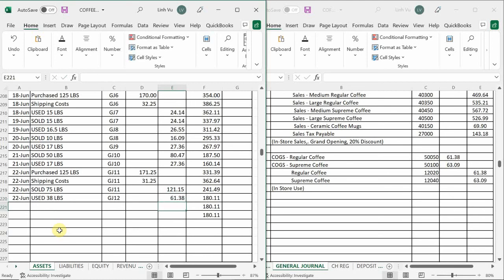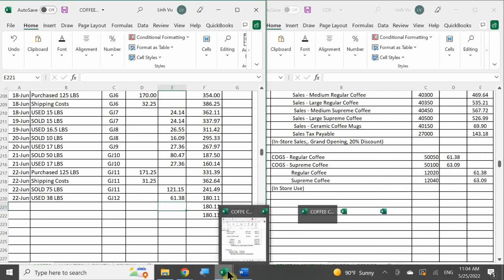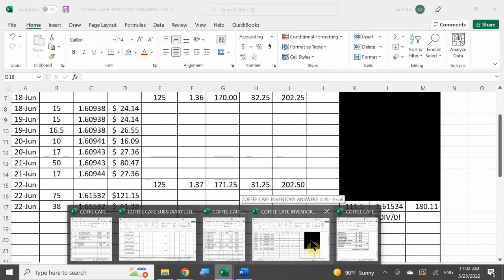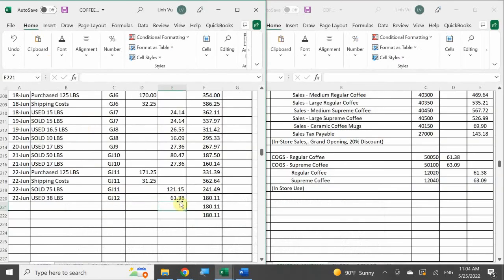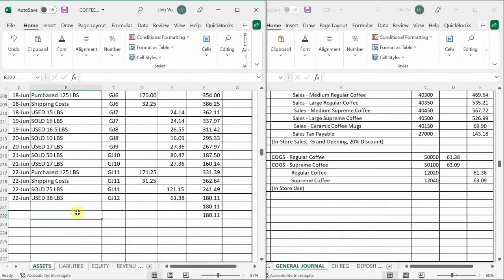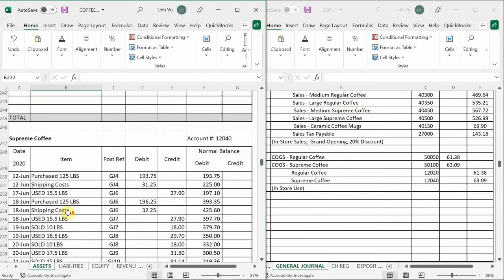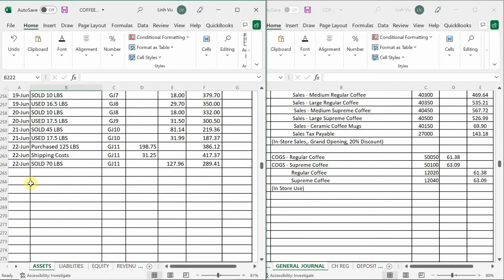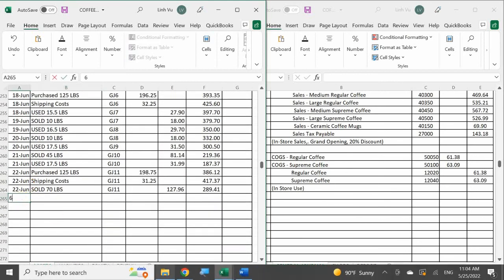So that should leave me with $180.11. Is that correct? That is what I have in my inventory worksheet. Yes, $180.11. It matches.